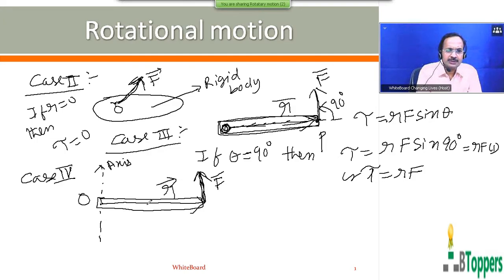Suppose R bar and F bar act in the plane of the diagram, then the torque acts perpendicular to the plane of the diagram. Suppose F bar is parallel to the axis of rotation, that means one of the forces F bar acts on the body in the direction parallel to the axis of rotation.